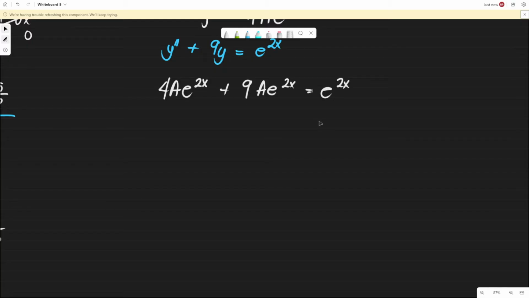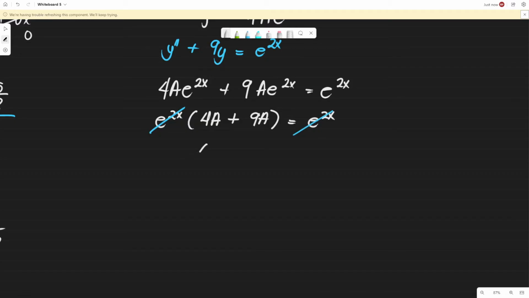So I can factor out e raised to 2x, that is, divide from both sides. When I divide both sides, they just cancel.